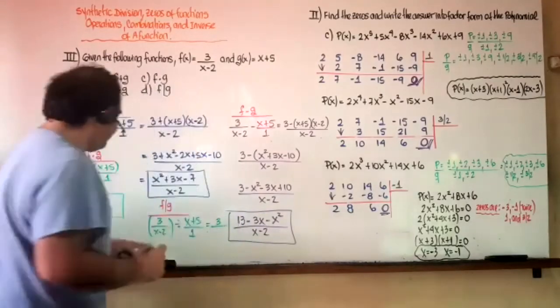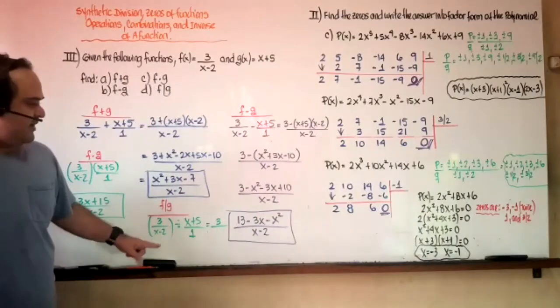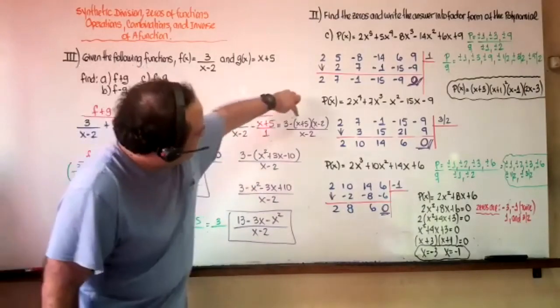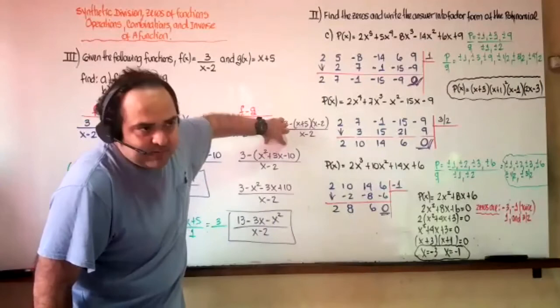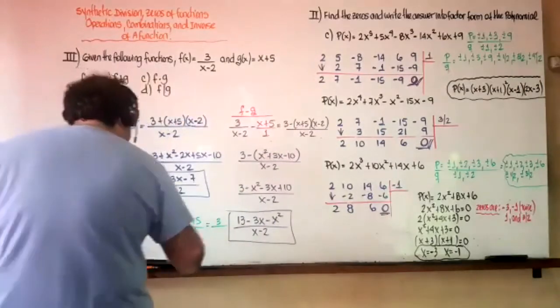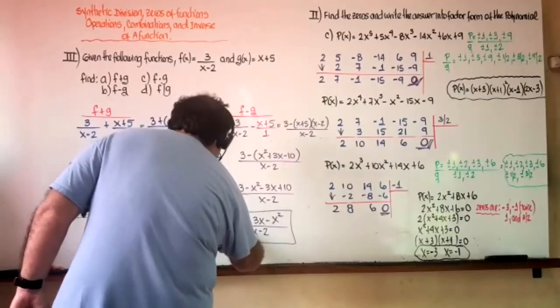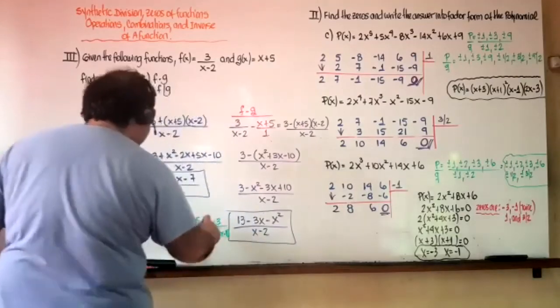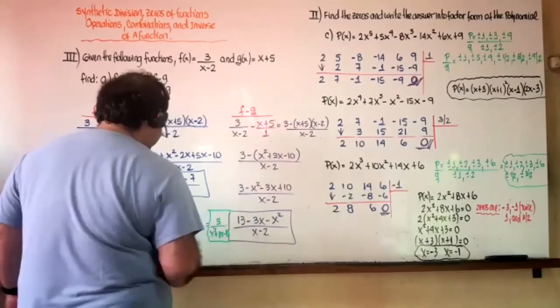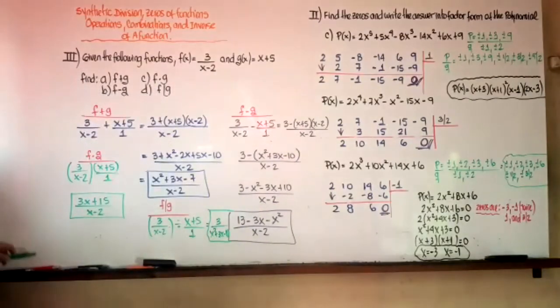And you know the product between x plus 5 and x minus 2 was x squared plus 3x minus 10. And this is going to be the solution for the division.